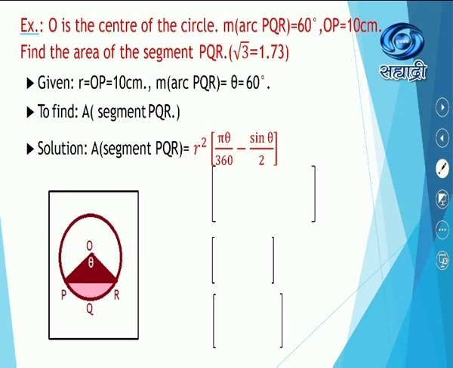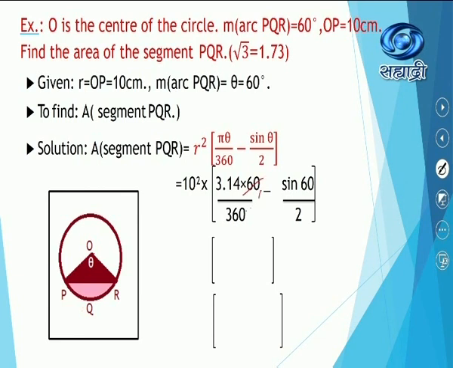Area of segment PQR is equal to r square into the bracket pi theta upon 360 minus sin theta upon 2. Now we will substitute the values. R is 10, so 10 square into 3.14, which is a pi value, into 60 upon 360 minus sine 60 upon 2.